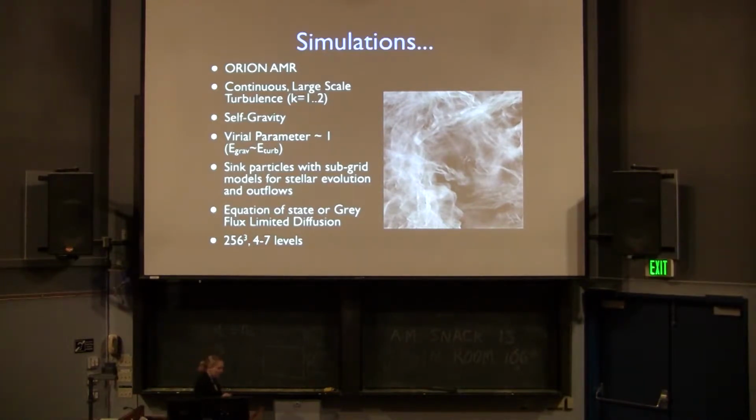So in some cases, we can actually couple the launching of outflows with the instantaneous accretion of these sink particles and follow the feedback as this momentum is injected back into the cloud. So in this case, I'm also using, as I said, either an equation of state for one particular simulation, but mainly gray flux-limited diffusion. The resolutions are 256 cubed, with either 4 to 7 AMR levels.